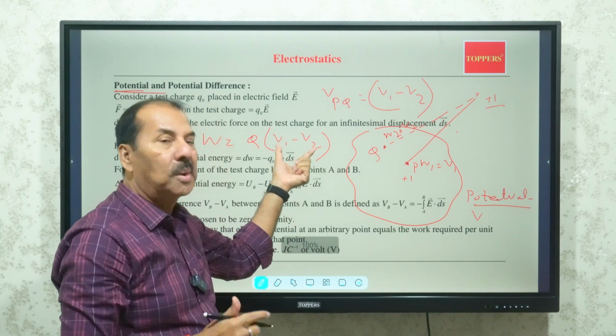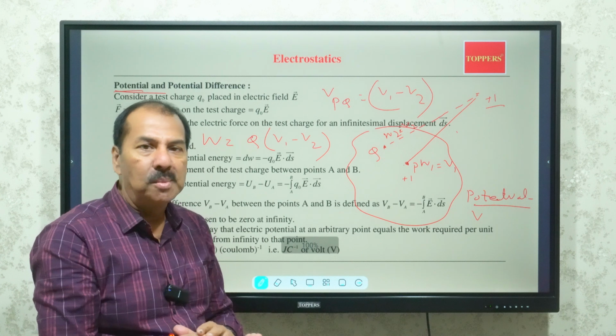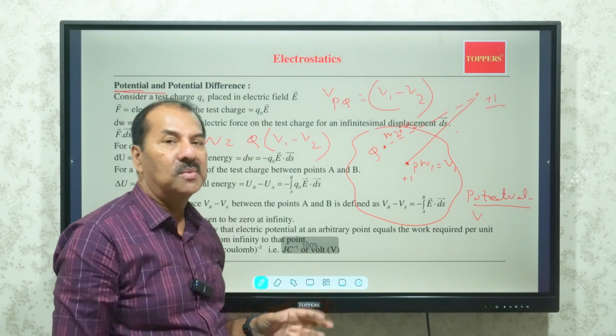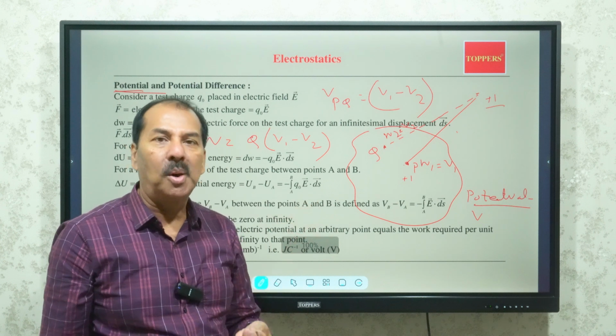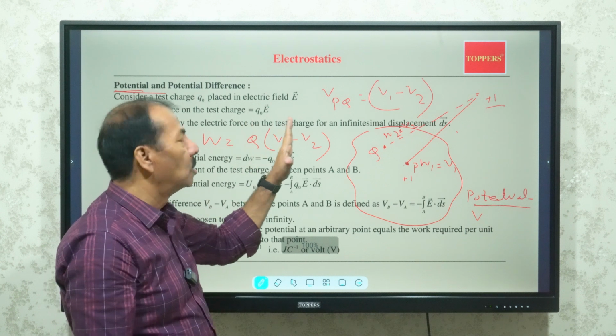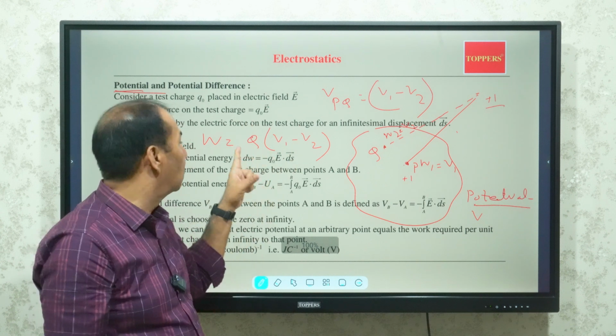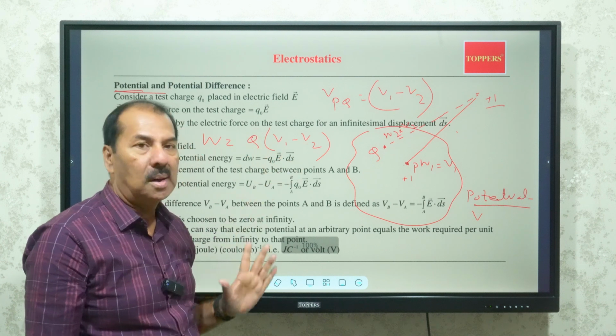Work done was V1 minus V2 for unit positive charge, so just using the unitary method, it is Q times V1 minus V2, because these are all scalar quantities. So we don't have to bother about vector addition, subtraction or anything. So it is just Q into V1 minus V2. This is work done in carrying Q amount of charge from one position to another position.